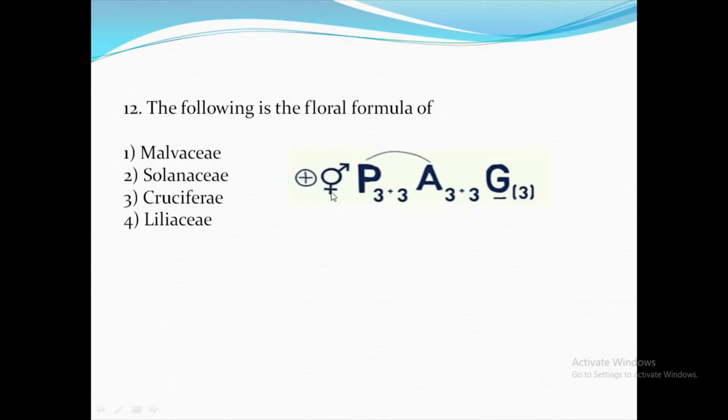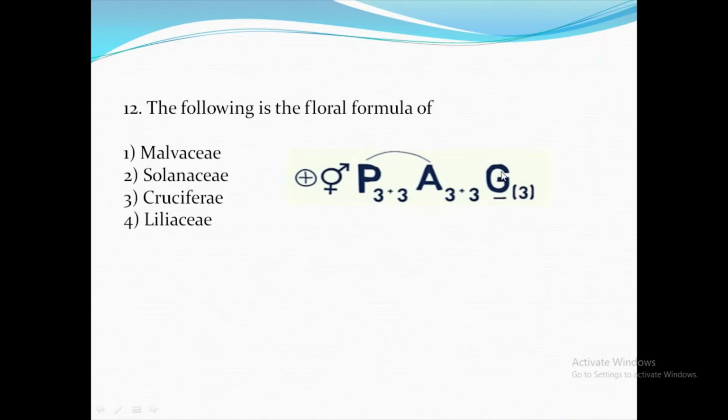This symbol indicates that it is a bisexual flower. Both female and male parts are present in the same flower. P represents perianth. Its members are 3 plus 3, meaning there are 6 tepals in 2 rows. Androecium means stamens. So there are 3 plus 3 stamens in 2 rows.